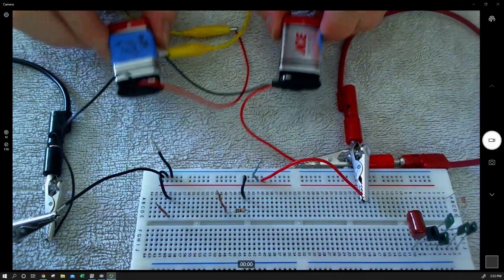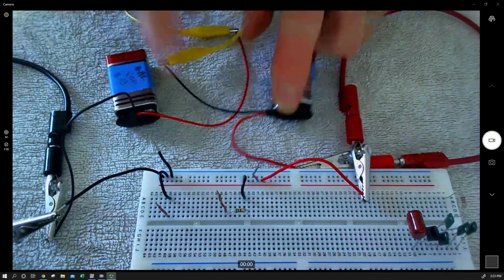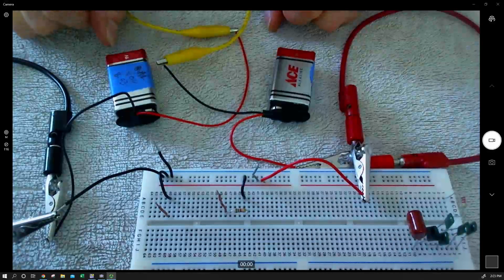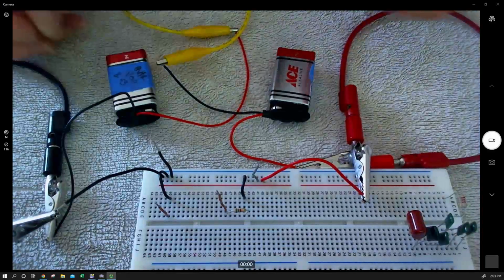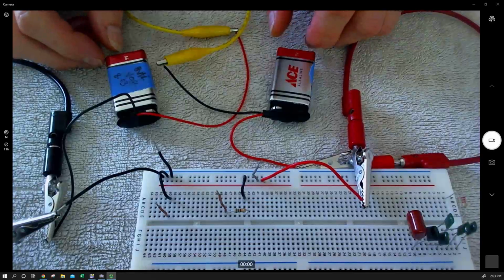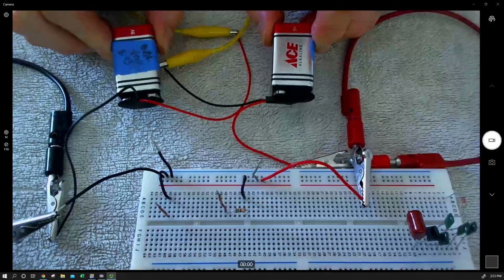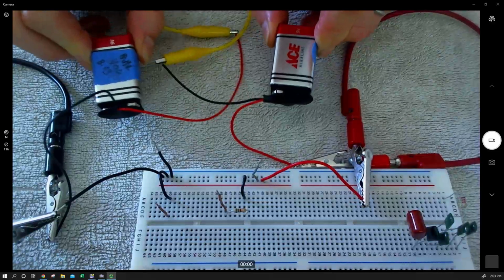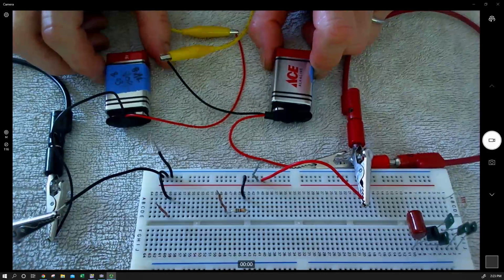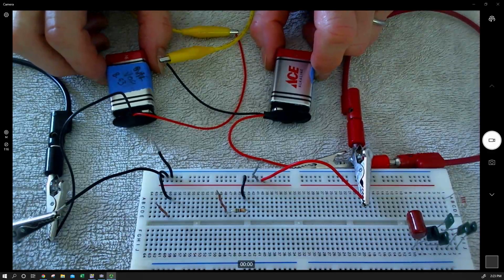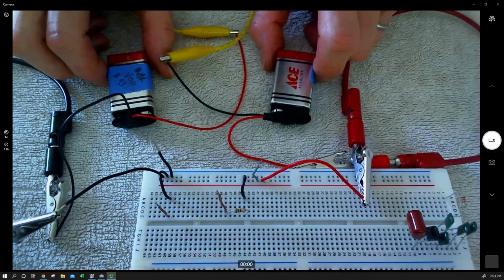So moral of the story: the lower the resistance of your circuit, the lower the load resistor, the more current your circuit needs to have, the more the condition of and characteristics of your source will matter, and the more advantageous it might be to have two sources in parallel if you need to supply the current.